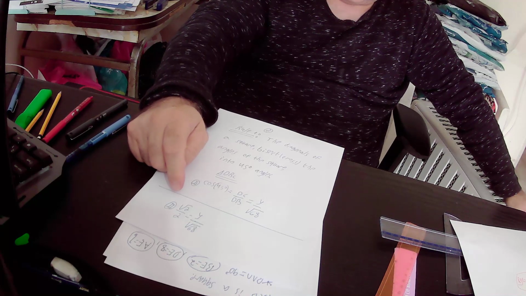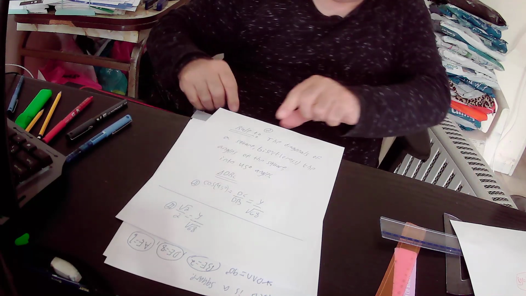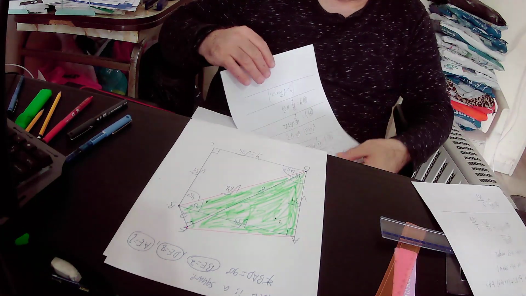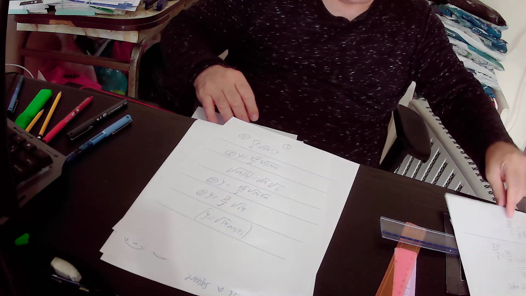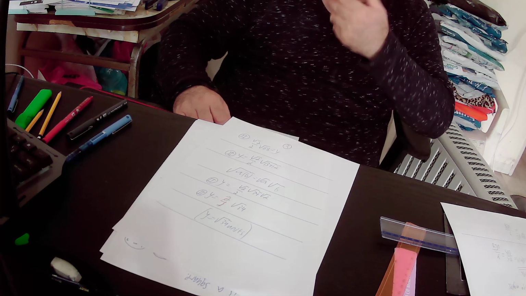We multiplied equation number 2 by square root of 68, and we found out that y equals the square root of 68 times square root of 2 over 2.